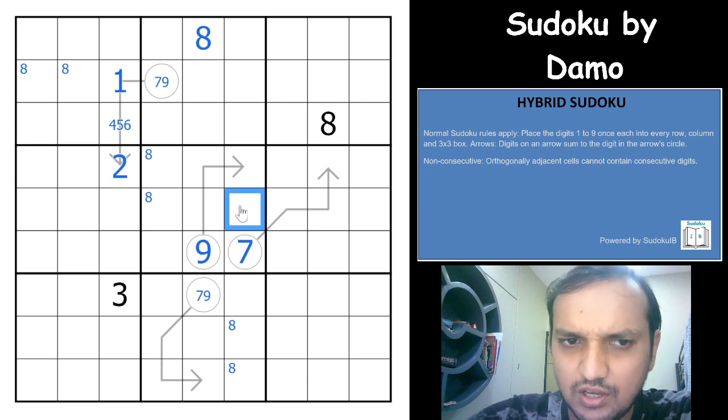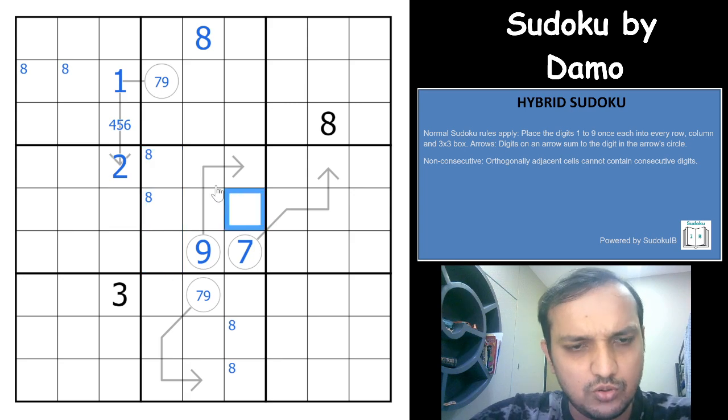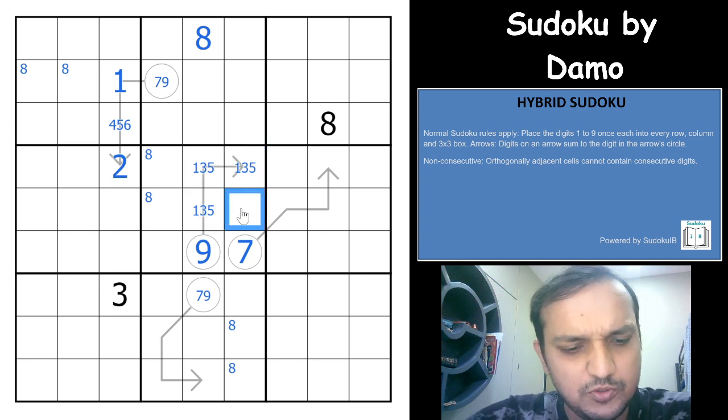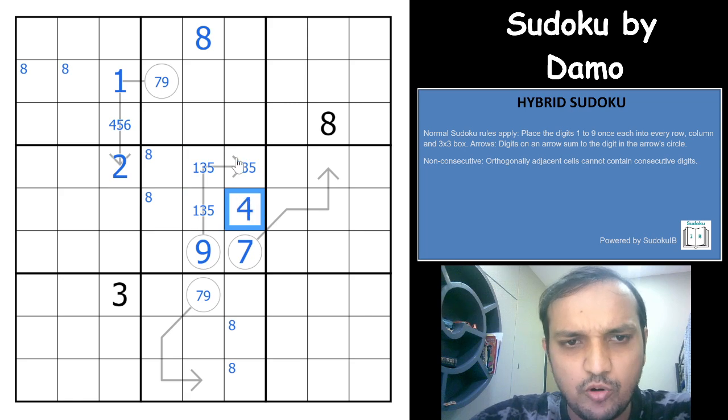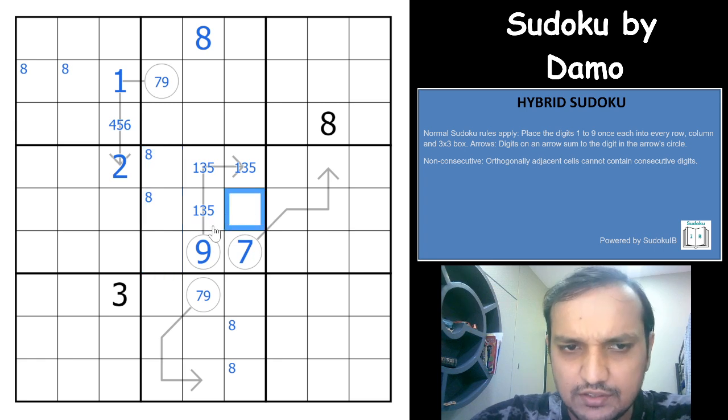You cannot have 6 here. All the 3 digits would have to be here. Amazing. So for this 9 it has to be 1, 3, 5, which means if I have a 2 here, both 1 and 3 are gone. If I have 4 here, both 3 and 5 are gone. I cannot have a 6 here because I have a 7. So all the 3 digits would have to be here. You cannot have anything here.